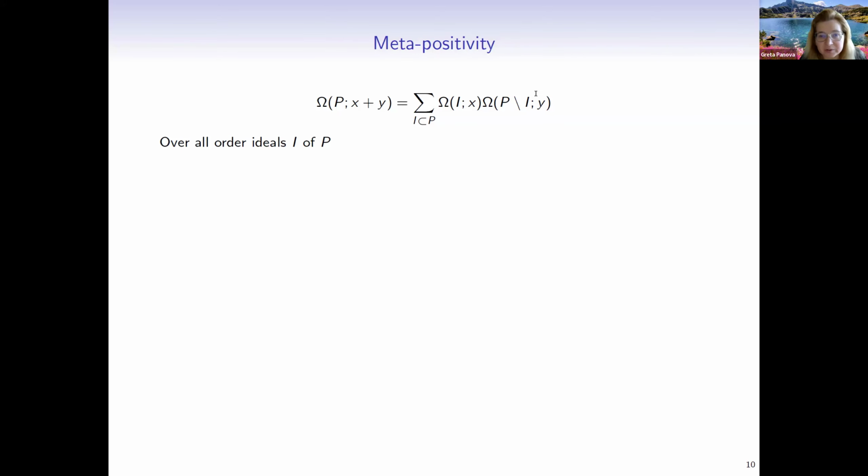This gives you all possible ways of assigning the values in the poset from 1 to x plus y. So actually I didn't write it, but if you teach binomial identities, in the very special case of a chain, this is the true Vandermonde identity.